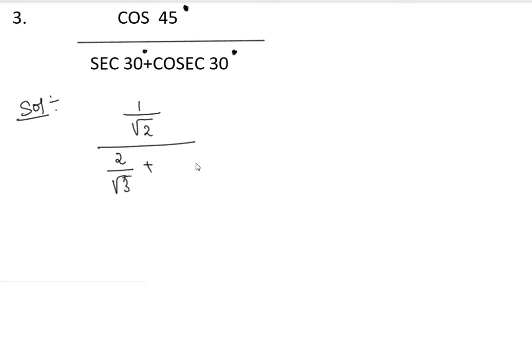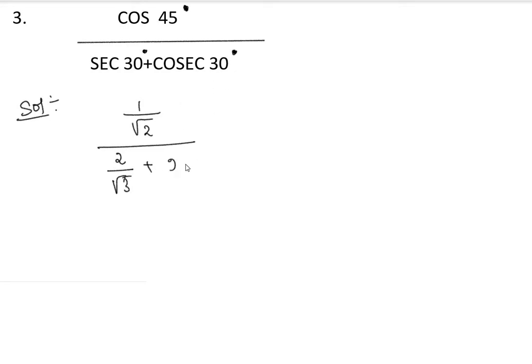Cos 45 degree divided by secant 30 degree plus cosecant 30 degree. Cos 45 degree. The value of cos 45 is 1 by root 2. Secant 30 degree. The value of secant 30 is 2 by root 3 plus cosecant 30.